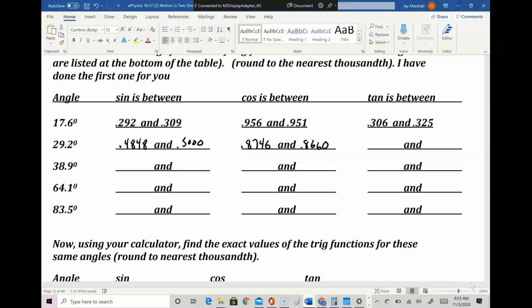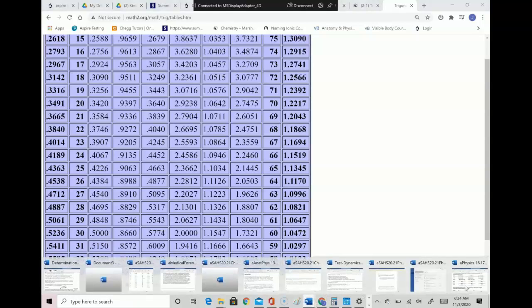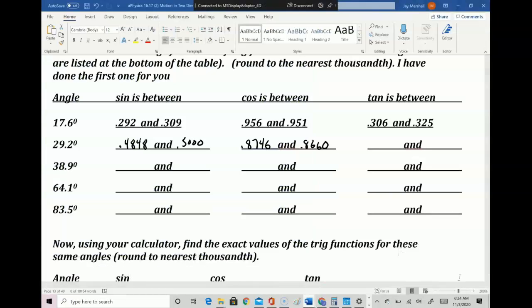And 0.8660. And then for the tangent, 0.5543 and 0.5774. Okay, and notice that's what we would expect for the tangent.